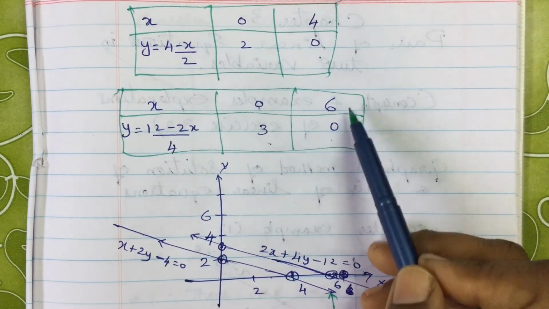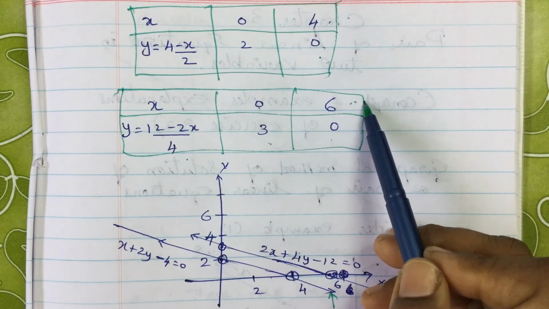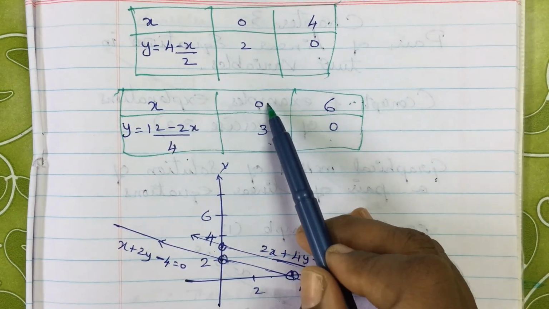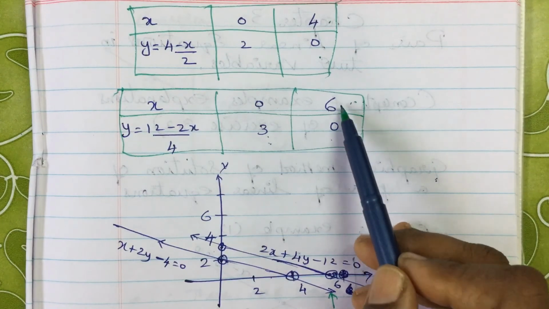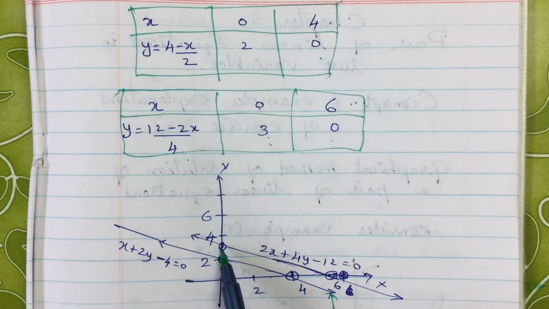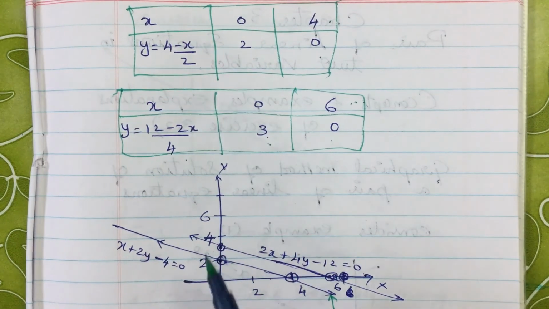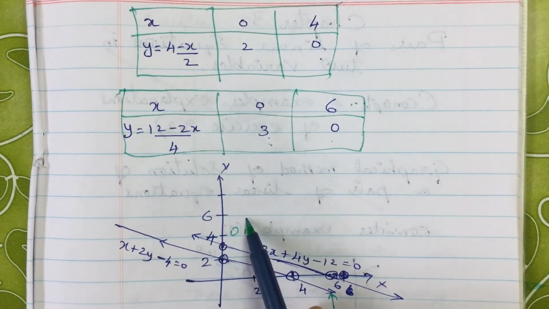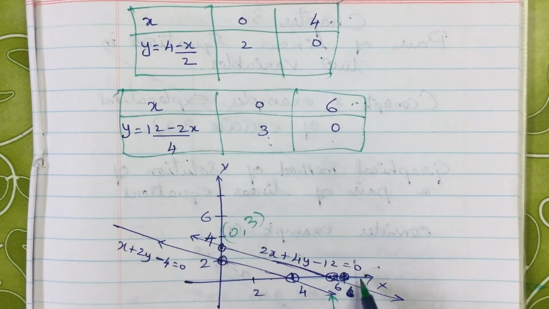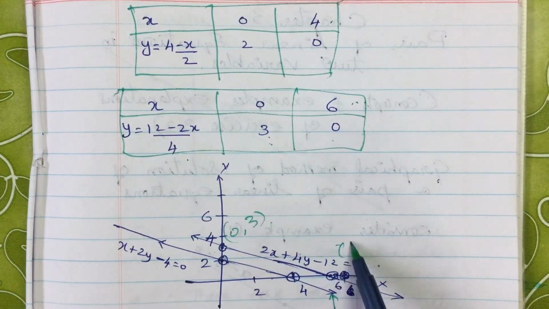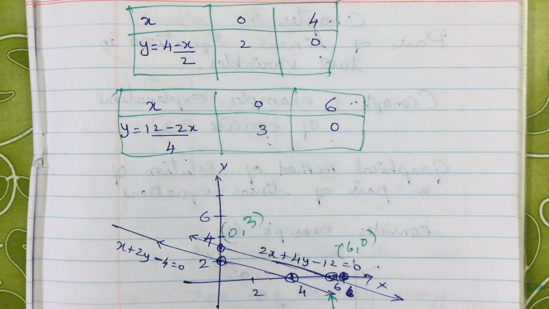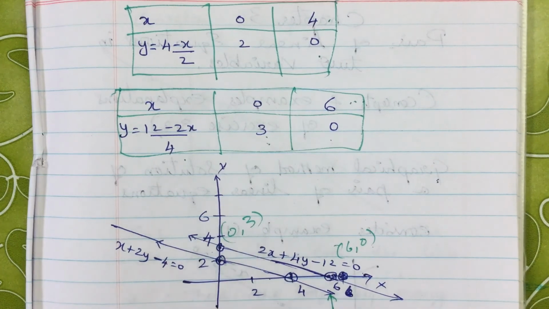Substituting y as 0, you get 6 for x. So the points are 0, 3 and 6, 0. Joining these two points you will get this line.